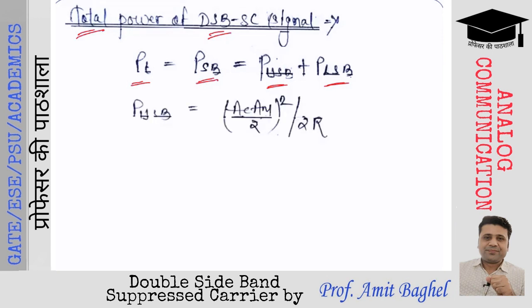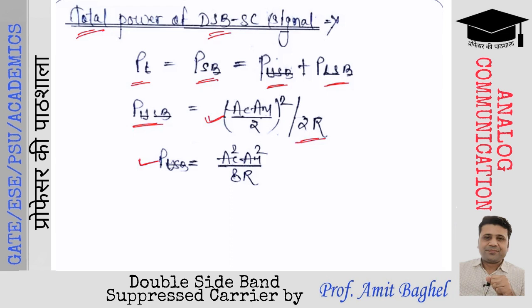Upper sideband power क्या होगा? Upper sideband power will be the amplitude square divided by 2R. Upper sideband का जो amplitude है that is Ac Am by 2. Hence, the power will be (Ac Am by 2) whole square divided by 2R, and this will become Ac square Am square divided by 8R.